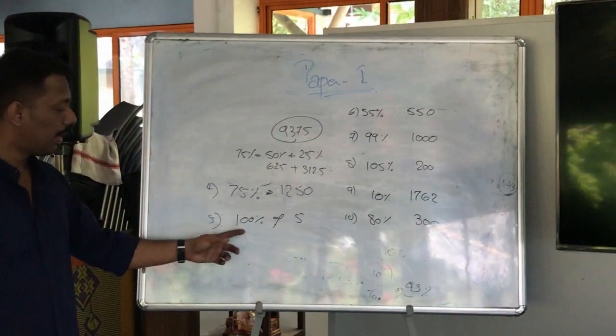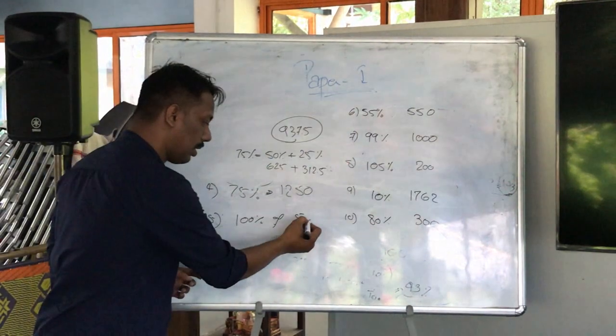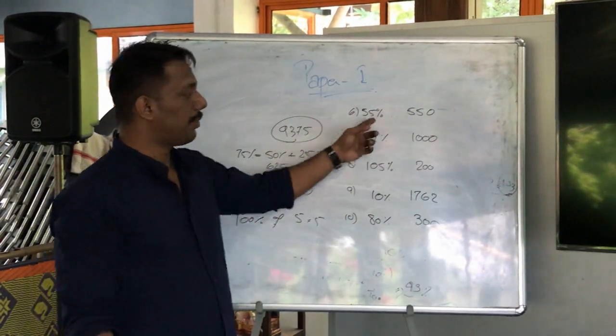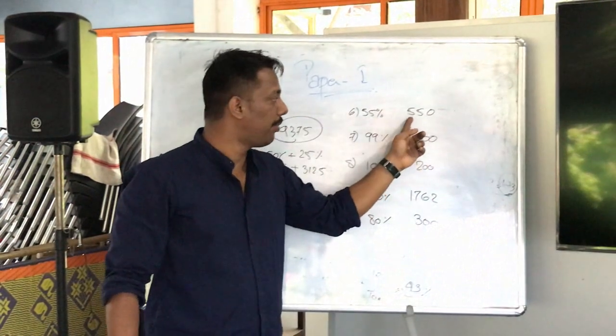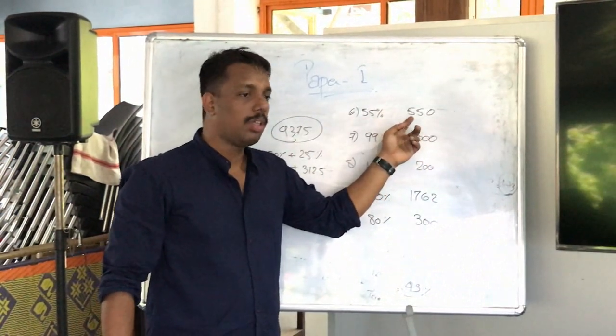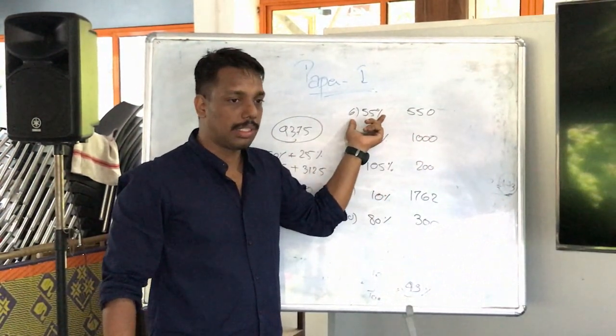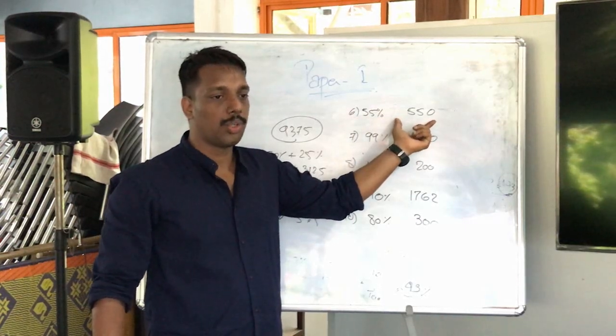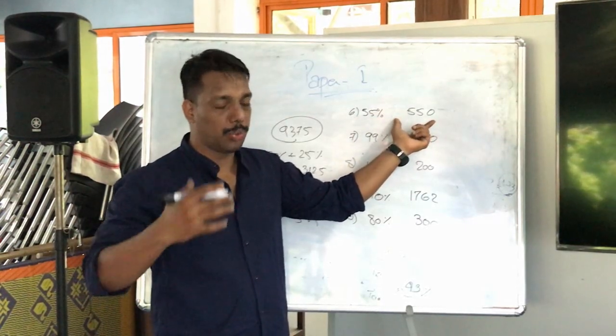What is 100% of 5? The number itself. What is 55% of 550? So you have to find out 50%. What is 50%? 250. Sorry, 225, right?